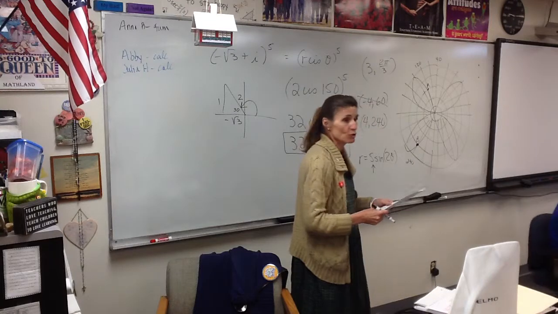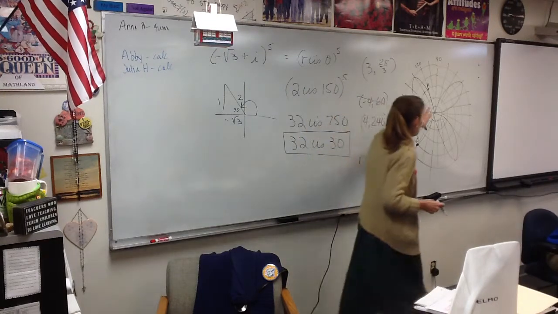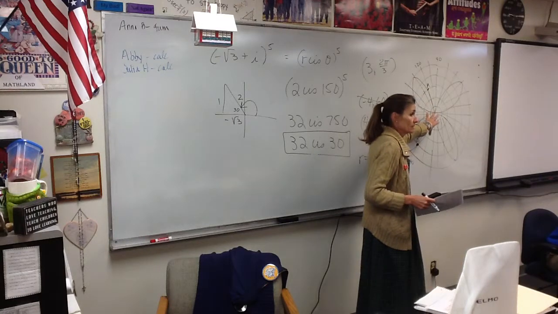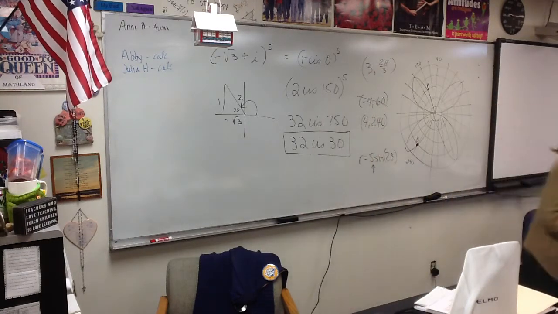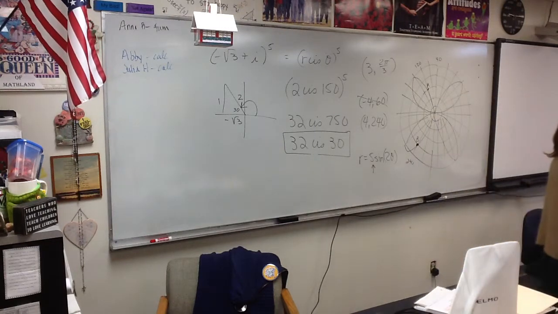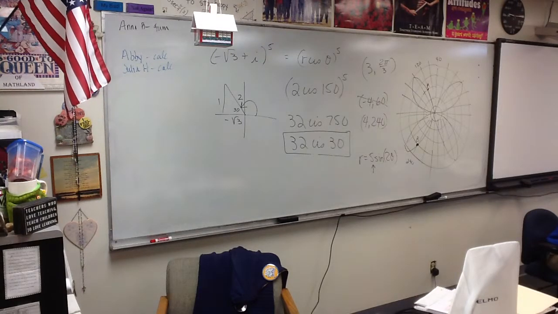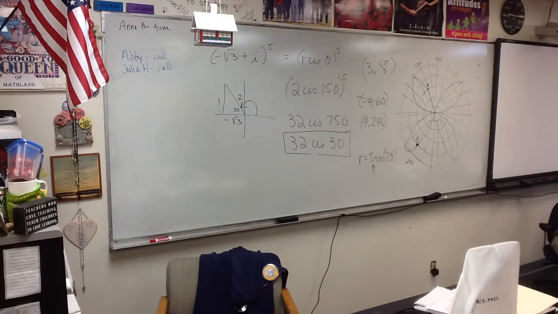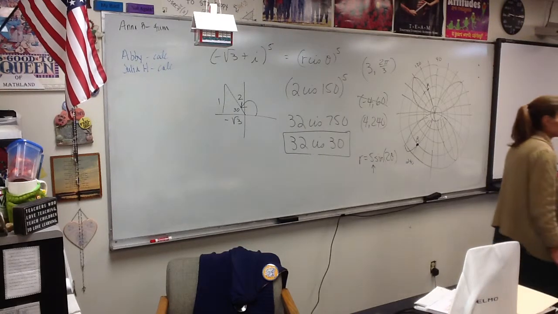You shouldn't have gotten a circle. You should have gotten a 4-leaved rose. It looks like this. And you want to translate that onto your picture. Make sure that when you translate it onto your graph, on your paper, you make the leaves 5 long. They have to go clear out to the end of the picture because they're 5 long. Just hit graph. Did you put the equation in? You have to put in exactly this equation.